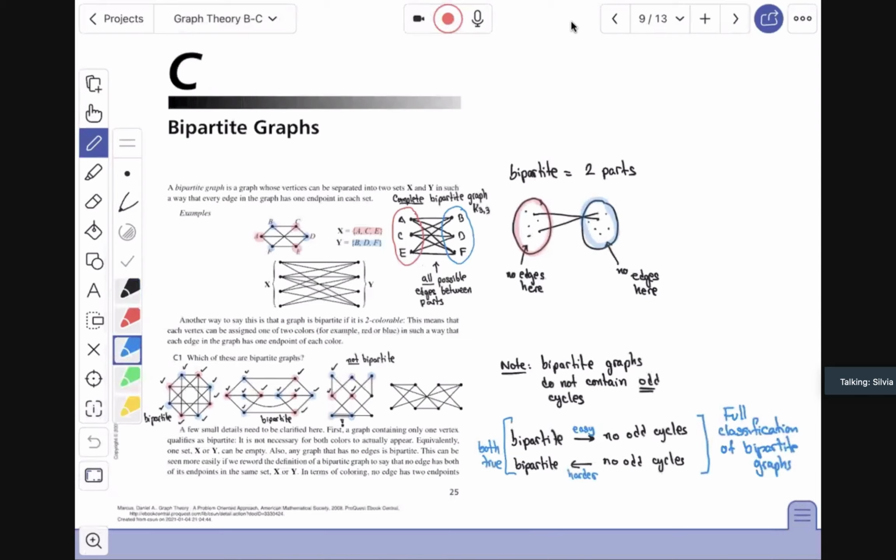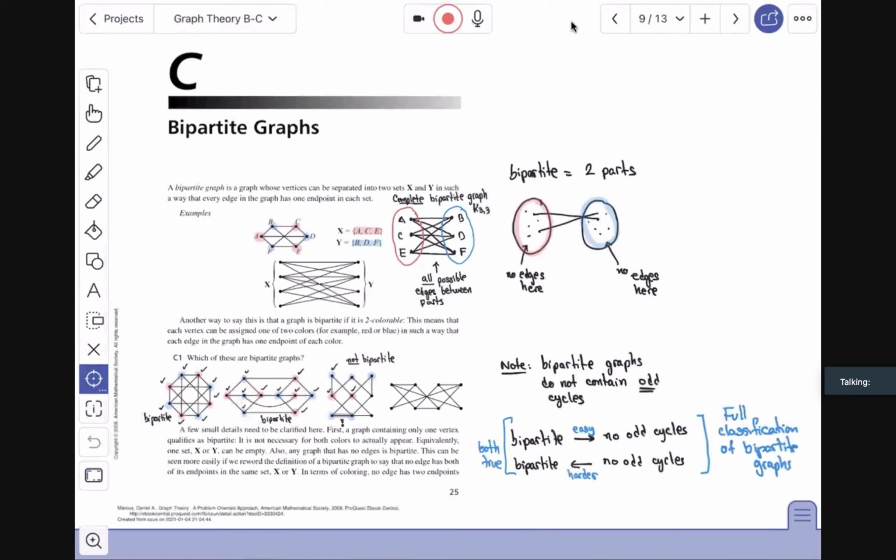So if one doesn't have odd cycles, the other one doesn't have odd cycles. And therefore, they're both bipartite or they're not bipartite. So that's another thing that you can use to decide whether or not 2 graphs are isomorphic. If it happens that, using the coloring technique, you can complete it in one of them but not in the other, then they're not isomorphic.